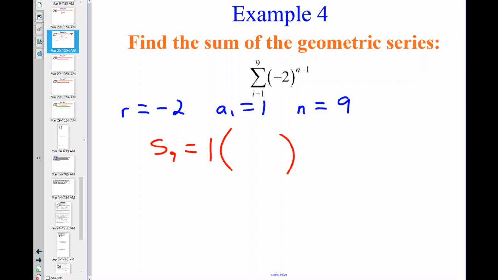Because if not, you're going to be like, oh, where did that 1 go? 1 minus common ratio, which is -2, to the 9th over 1 minus -2. And let me make sure that 9's inside, because I don't want you to get confused. There you go.